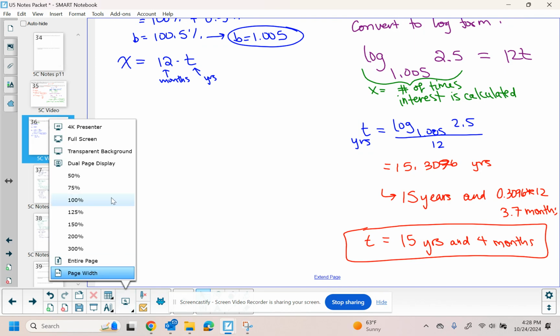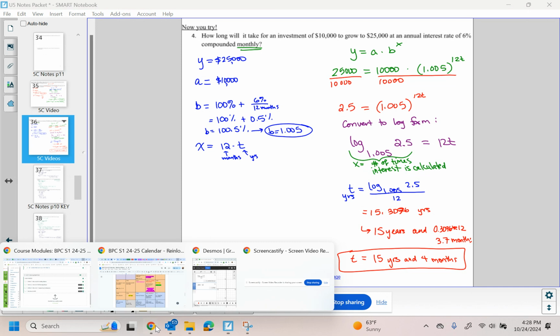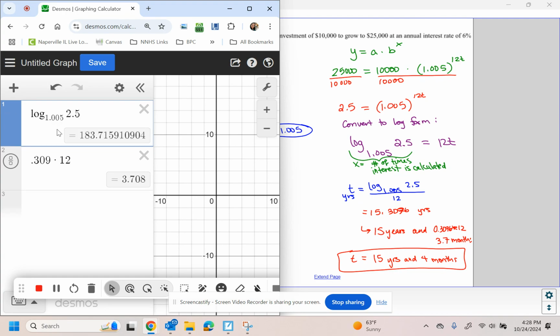So I'll zoom out so you can see that. If you didn't put 12t in for x to start with, you would have just said log base 1.005 of 2.5, and if you didn't divide by 12, you would have gotten 183.7.